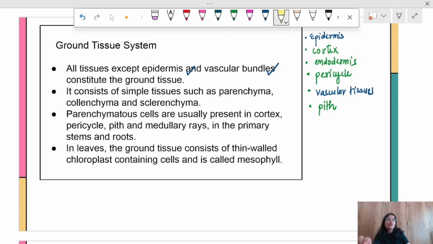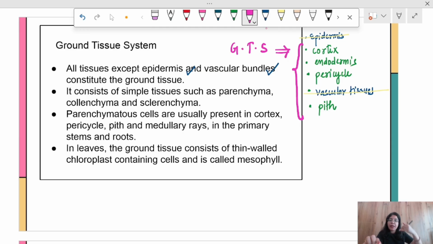Now if you leave out this epidermis and this vascular tissue, everything from here to here will be a part of the ground tissue system: cortex, pericycle and the innermost pith. Pith is present in the center of the section.